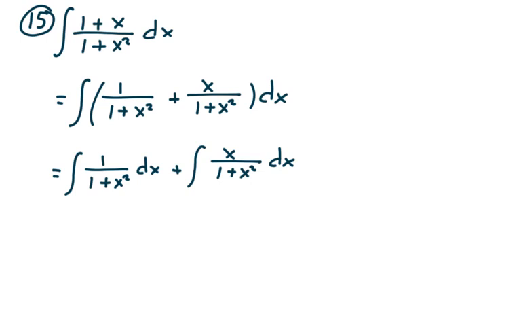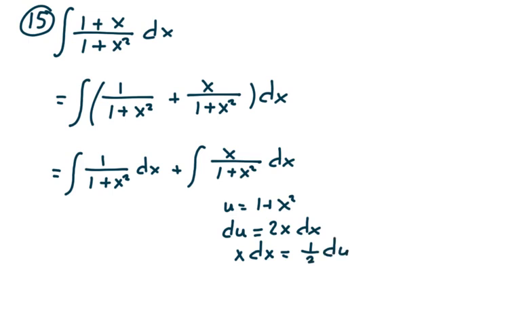Now, if we address the second integral, I'm going to let u equal 1 plus x squared, because then du is 2x dx. x dx is 1/2 du, right? So it's a straightforward u substitution.